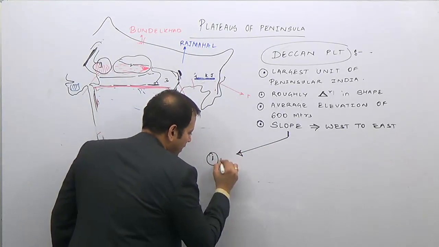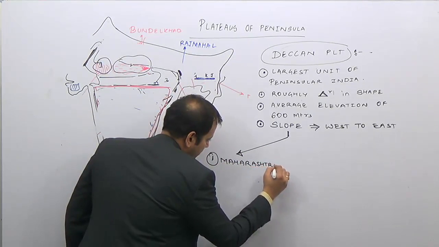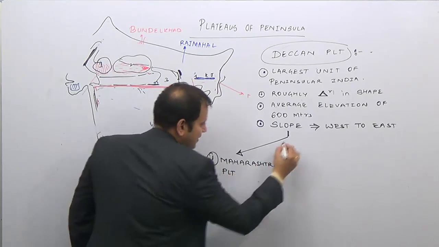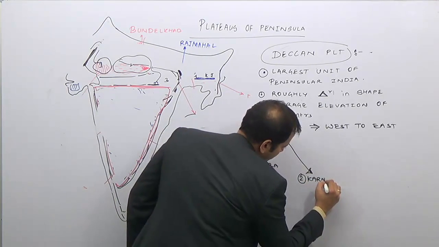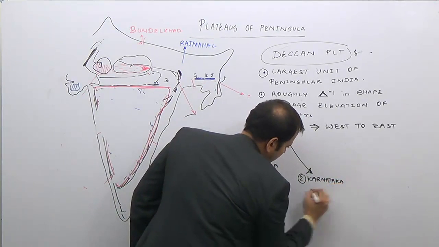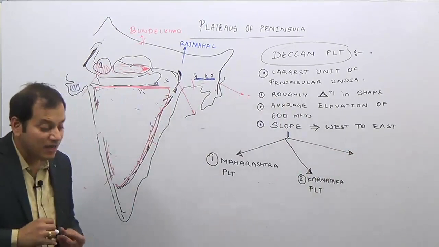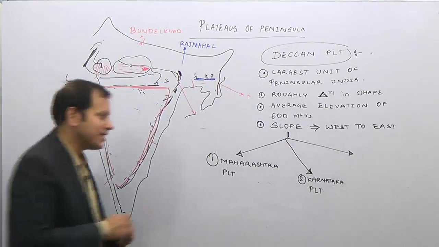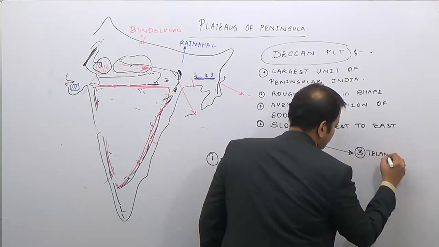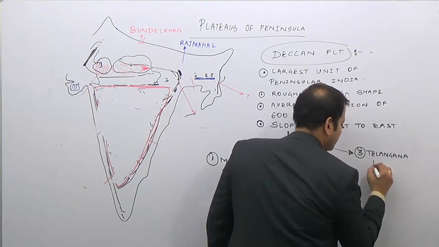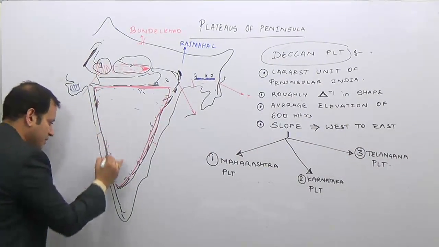That is the Maharashtra Plateau, second is the Karnataka Plateau, and third is the Telangana Plateau or the Telangana Rayalaseema region, or it is known as the Telangana Plateau. That means it is further divided into the three types.